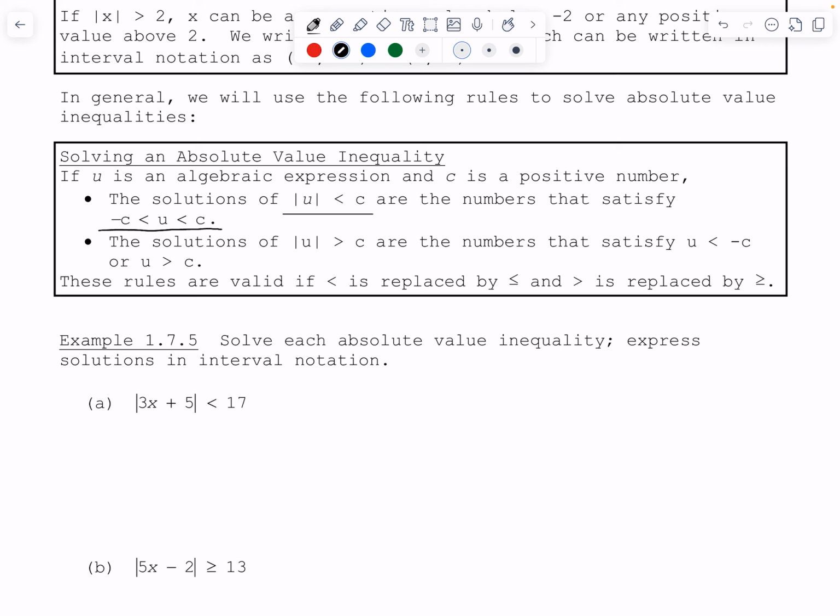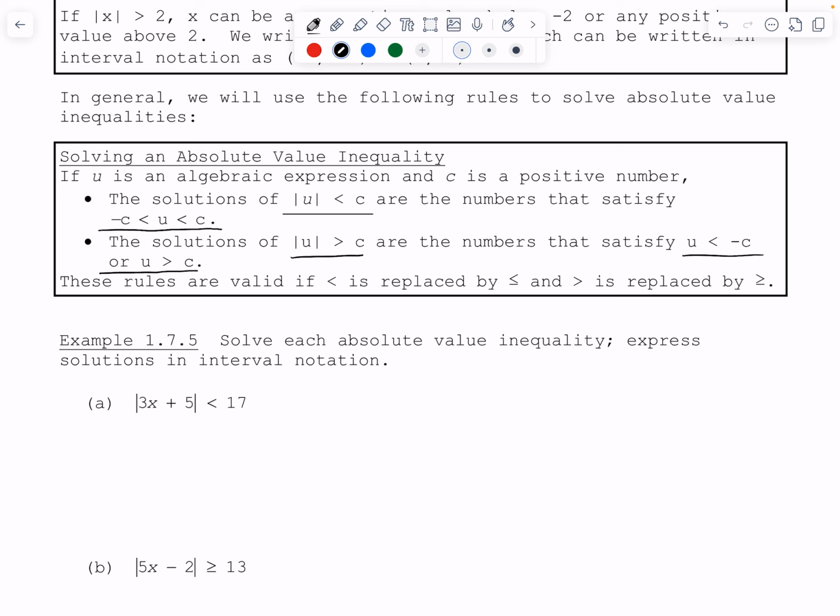So if we have greater than, we're going to solve two problems. We're going to make u less than the negative of that constant, and u greater than c. These rules are valid if less than is replaced by less than or equal to, and greater than is replaced by greater than or equal to.